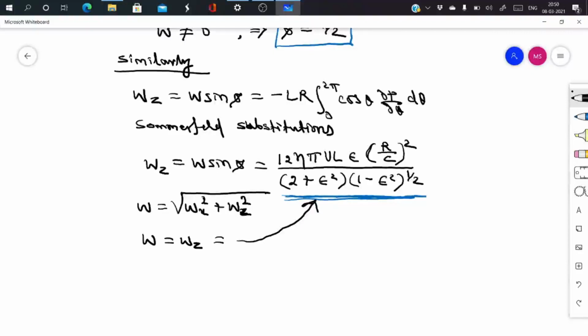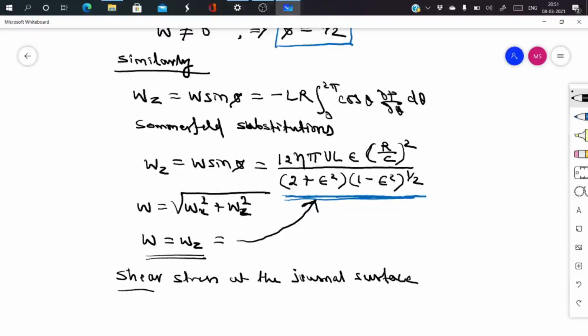Okay. If you proceed further with this boundary condition, after finding the load carrying capacity W, we should find the friction, the coefficient of friction. To do that, first the shear stress at the journal surface. As we discussed already, the shear stress will be different. We derived the equation earlier that shear stress should be different at y equal to 0 and y equal to h.